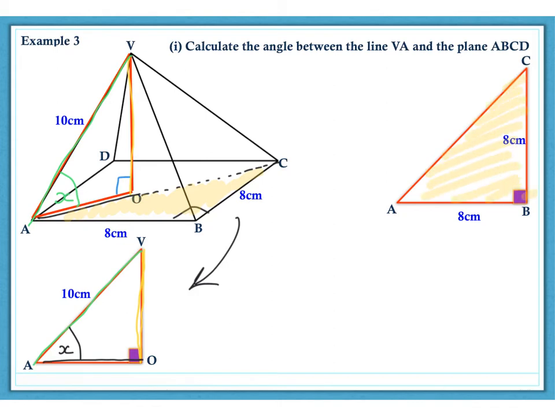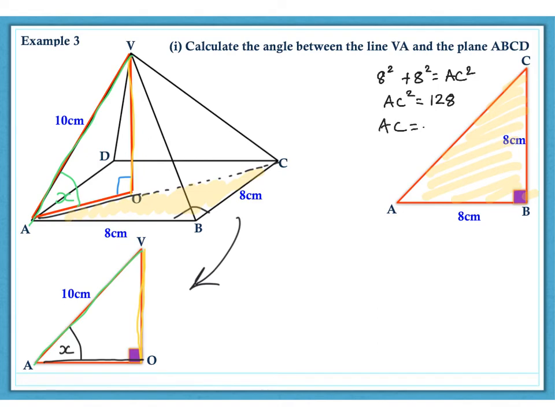Now, what I'm going to do is work out the measurement A to C. So using Pythagoras' theorem, I could say that 8 squared plus 8 squared is equal to AC squared. So AC squared is equal to 128.